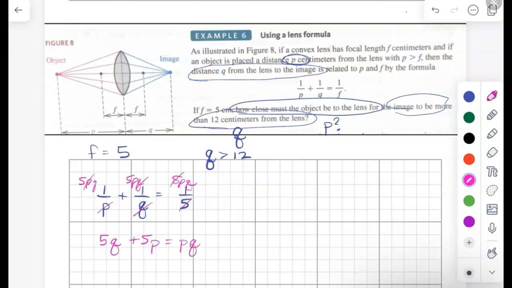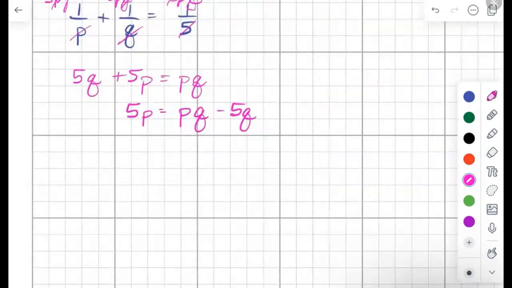So then from there, they told me a statement about q, so I want to get q by itself. I'm going to subtract 5q to the other side so that I'm getting all my q's on one side. So I have pq minus 5q. From there, I'm going to factor out the q that they have in common.